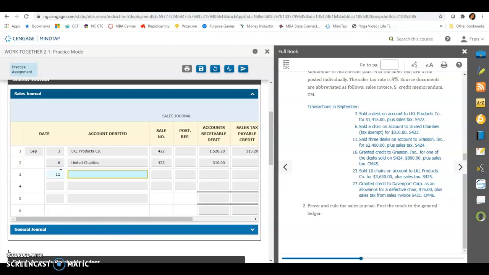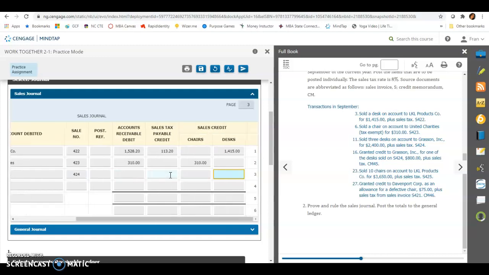Sold 3 desks on account to Grayson Incorporated, sale 24, and they are desks, $2,400.